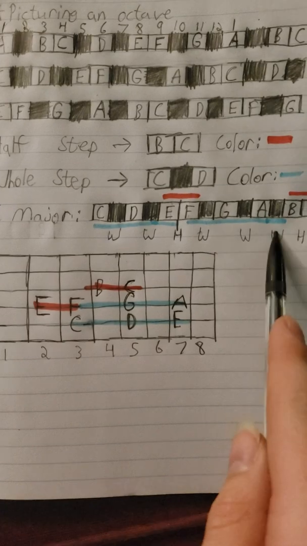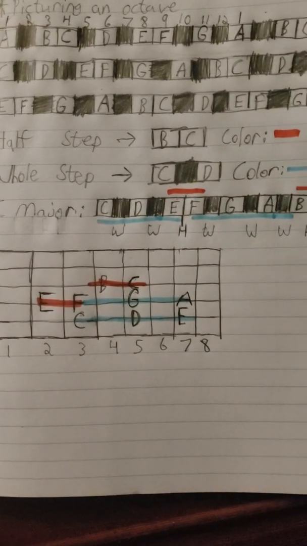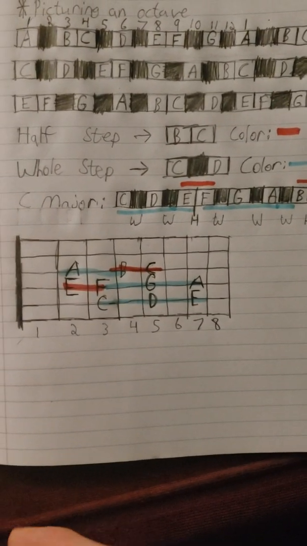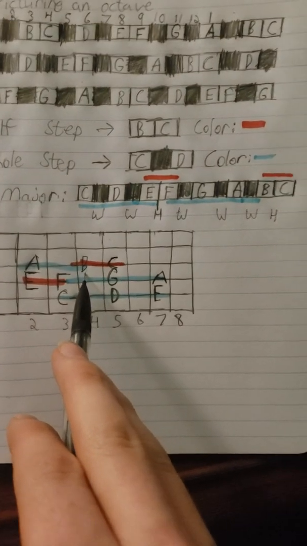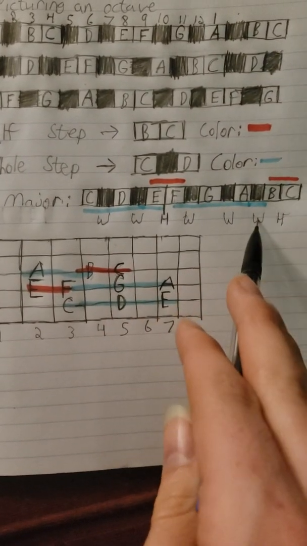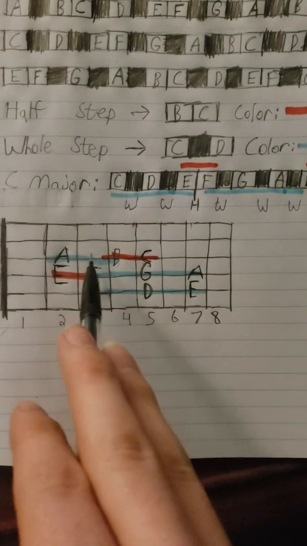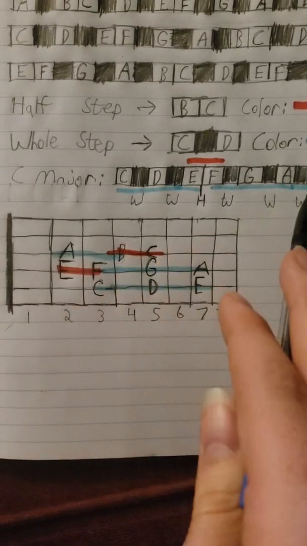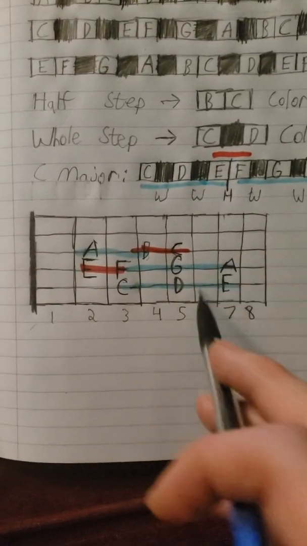And from B to C, we again have a half step. Okay, so naturally, if B to C is a half step and we have a whole step between A and B, we move 2 frets down and we're at A. So A to B is a whole step, B to C is a half step.